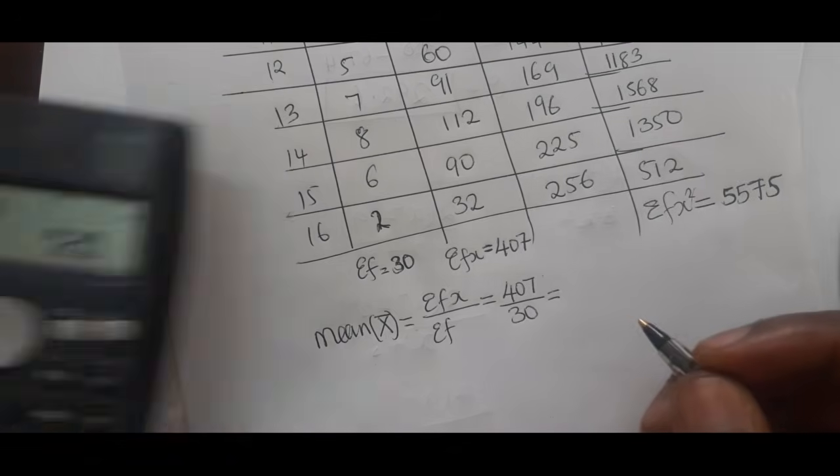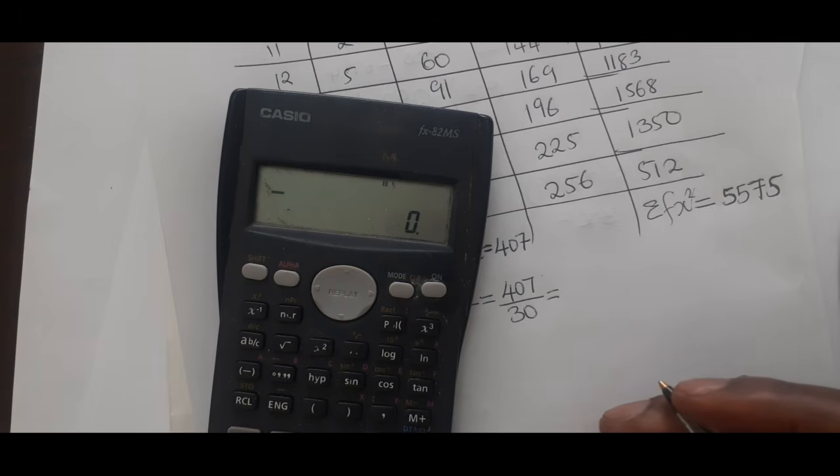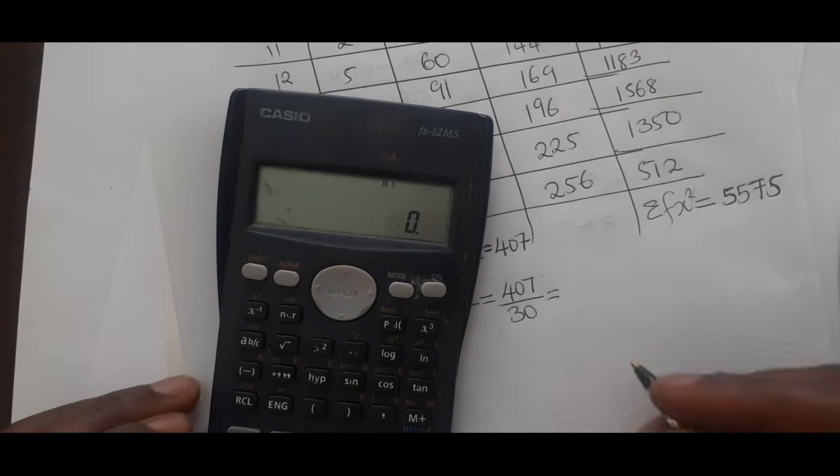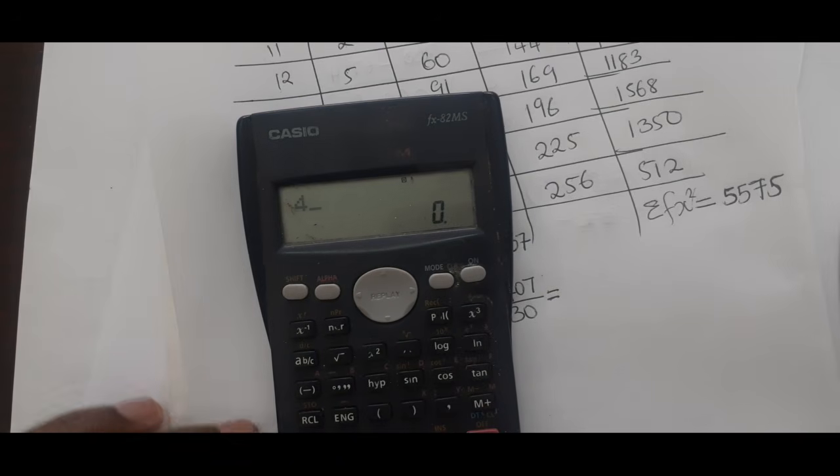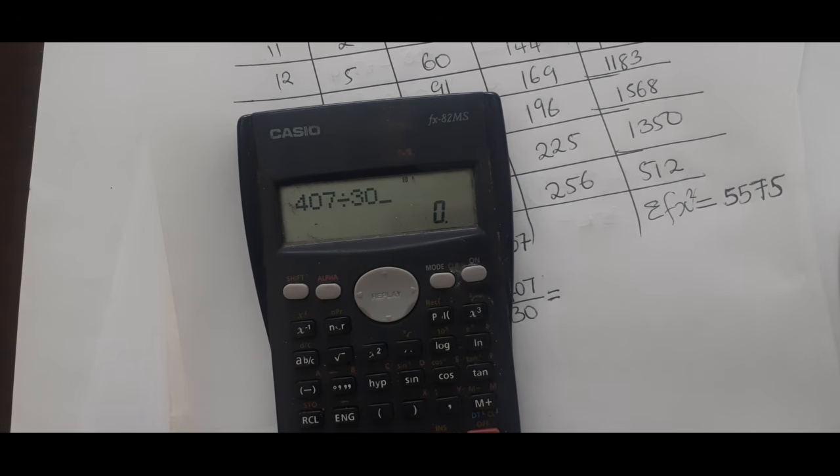So what are we going to get here? 407 divided by 30.